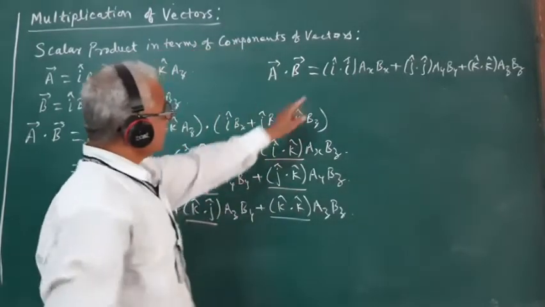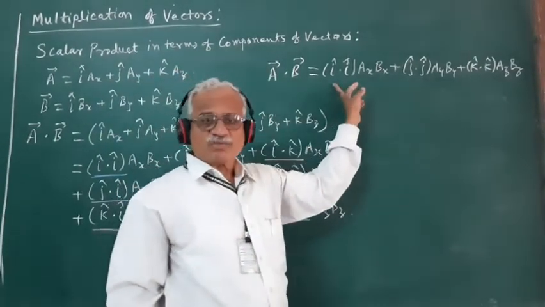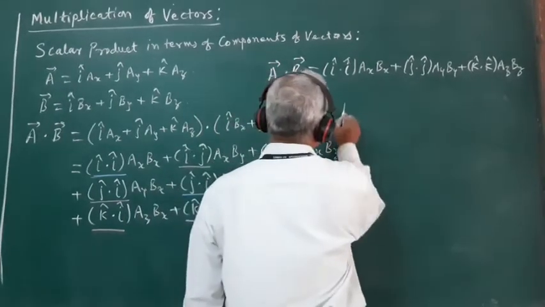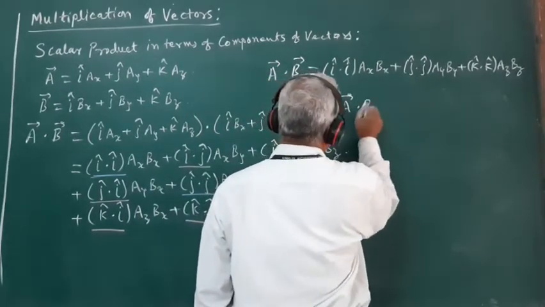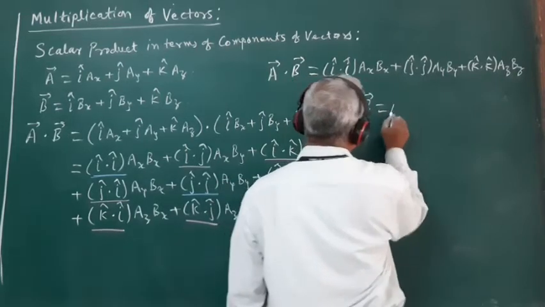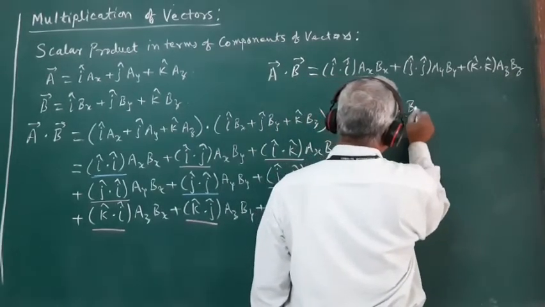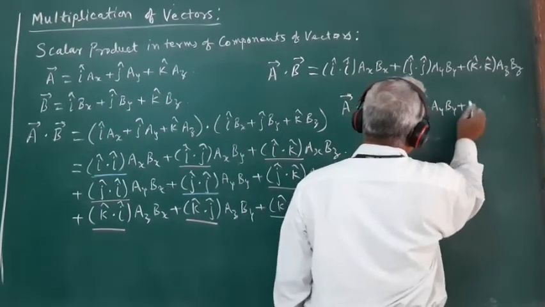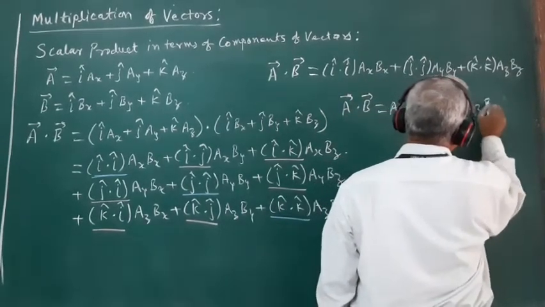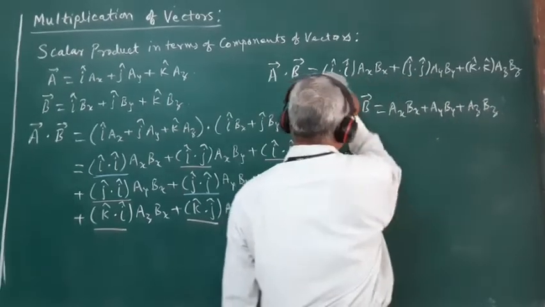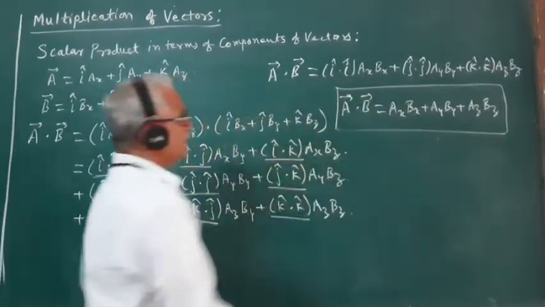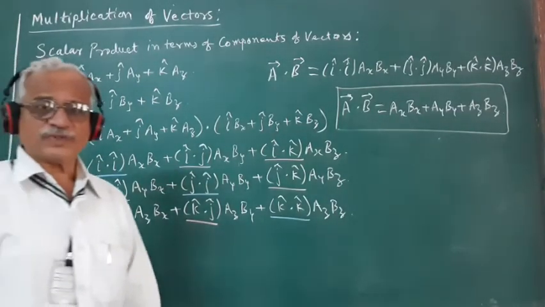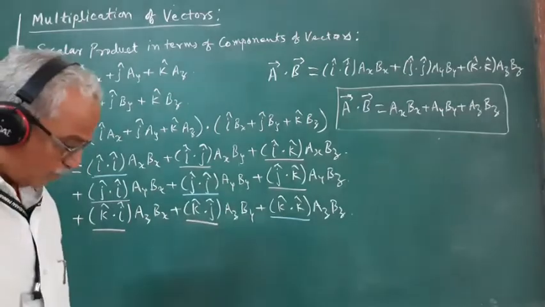And since the self dot product of the unit vectors is equal to 1, we can express a bar dot b bar is equal to ax bx plus ay by plus az bz. So this is how we can express the dot product of the two vectors in terms of their rectangular components.